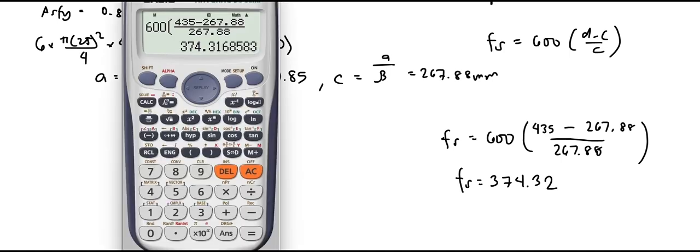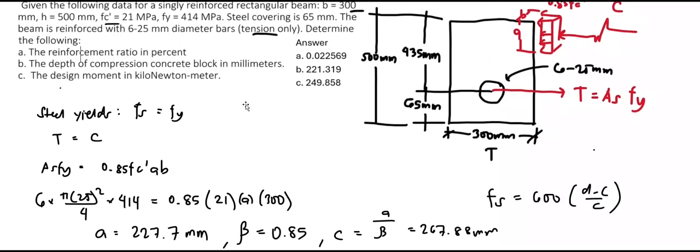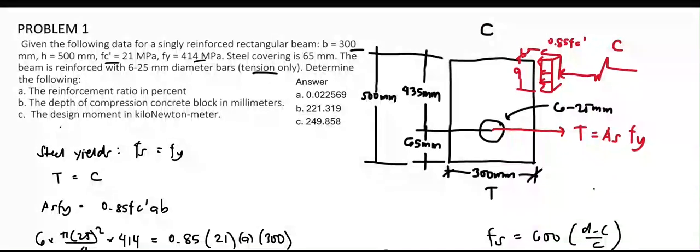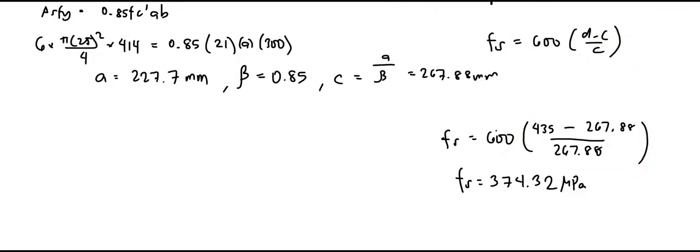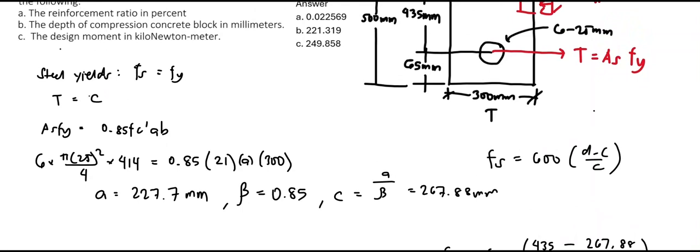And this value here, which is the stress felt by steel, is less than its yielding strength of 414 megapascals. Therefore, our assumption that steel yields is incorrect.